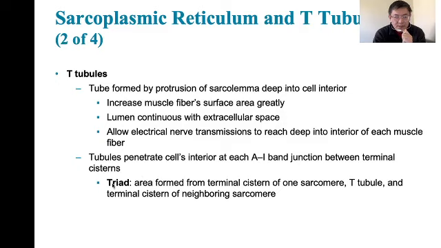So these three structures are called a triad. So the triad actually consists of one terminal cisterna of the sarcoplasmic reticulum, the T-tubule, and another terminal cisterna of the sarcoplasmic reticulum.